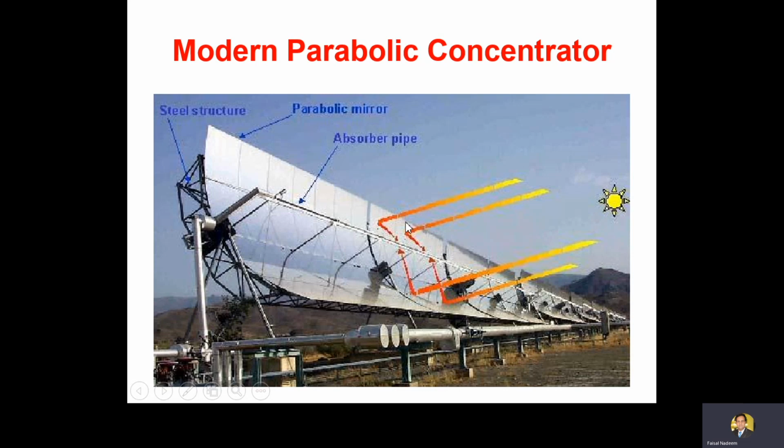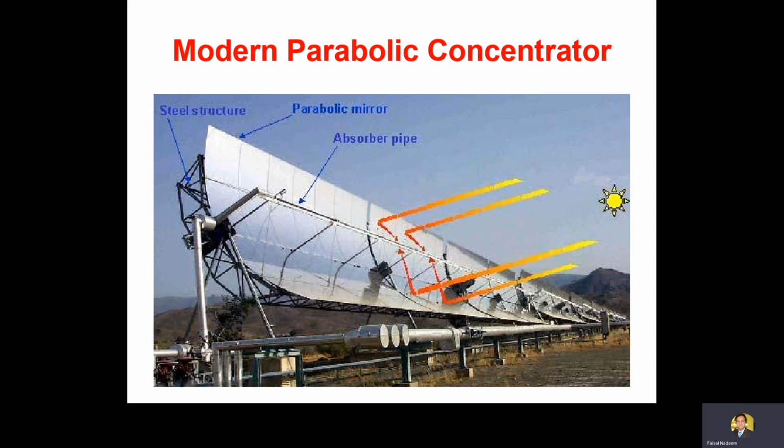When all the rays get reflected back and strike these tubes, the heat is transferred to the medium inside the tubes. The medium inside the tube, which is normally a liquid fuel or liquid oil, gets heated up and gains temperature, around 400 to 500 degrees centigrade.